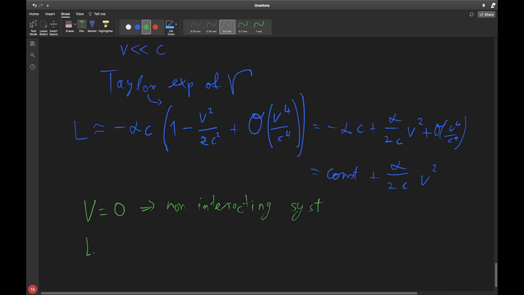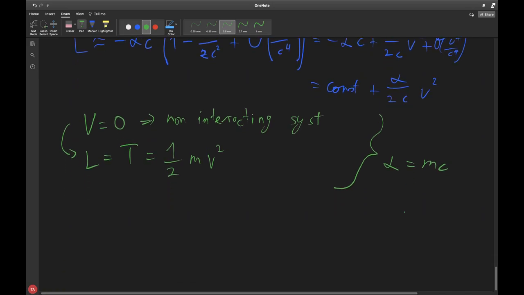Then we have L, if this is true, then L is just T, and that in classical mechanics was 1/2 mv squared. So now we see that, oh well, I have a v squared here, I have a v squared here, I have a 1/2 here. So from putting these two things together, we find that alpha is mc.